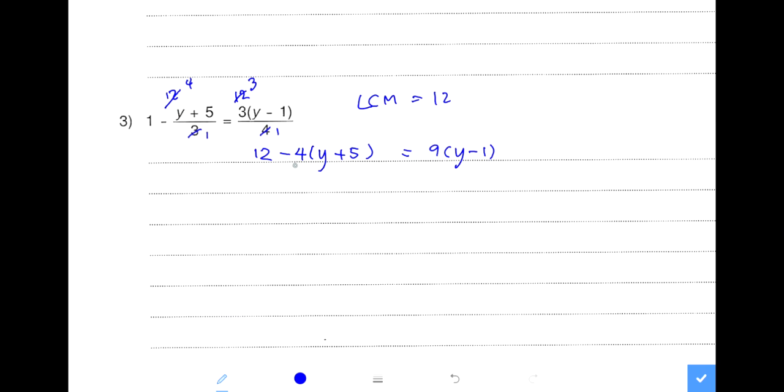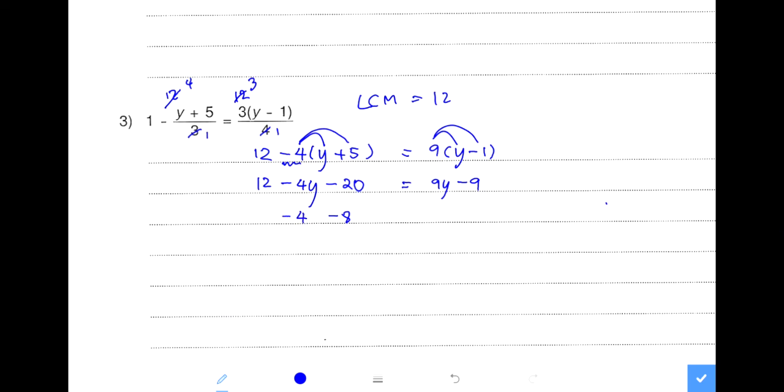Okay, so all of them are integers now. 12, and then don't forget the negative sign again. Multiplying inside is negative 4y. Negative 4 times 5 is negative 20. 9 times y is 9y. 9 times negative 1 is negative 9, okay? 12 minus 20 is negative 8.